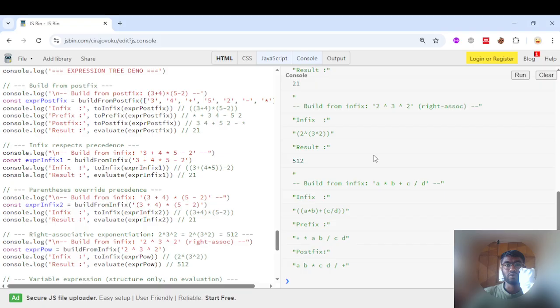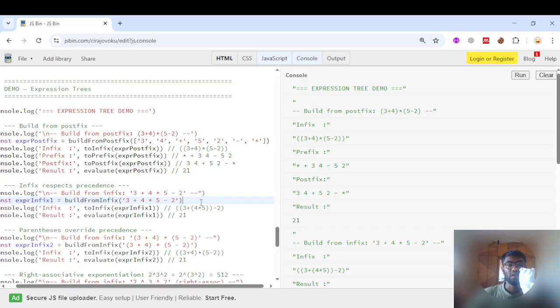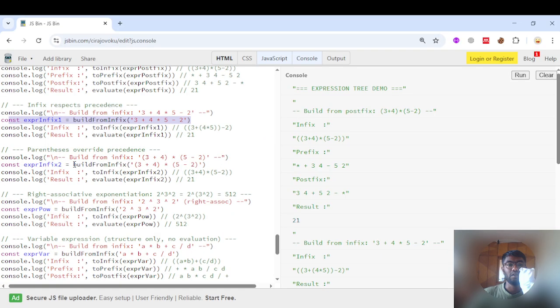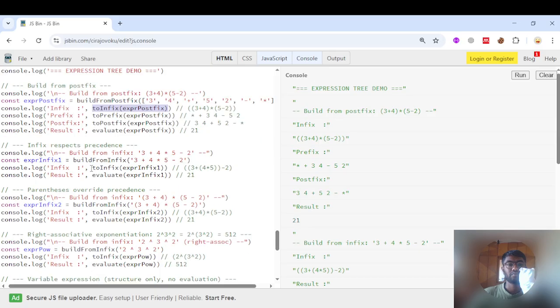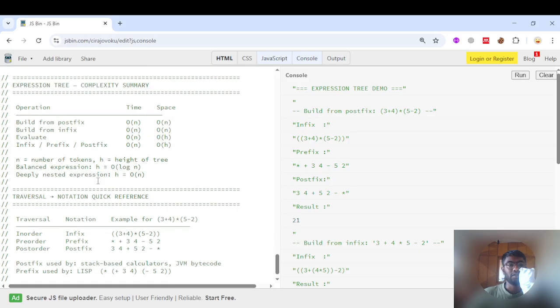I have a bunch of driver code here where I have built this postfix expression and infix expression binary tree, and many other things, like we are even able to transform postfix to infix, prefix, and again postfix, and also evaluate the same. So this is about a different set of operations or possible things that we can play around with here, right?